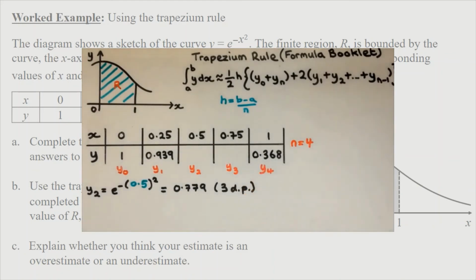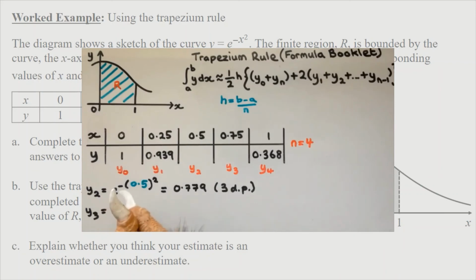Okay, next we need to find y3. So same process again, we're just going to sub in 0.75. So y3 is going to equal e to the power minus, I'll put it in green so we can see the substitution.